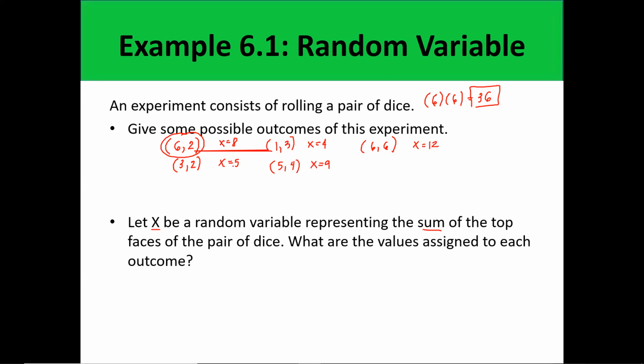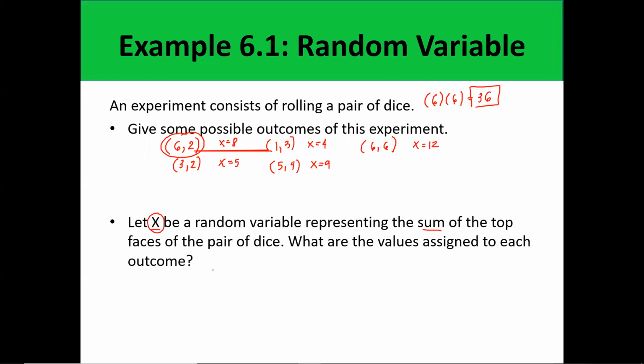So these are some of the possible values of x of the random variable. Now in this particular experiment, the lowest possible sum is 2, and the highest possible sum is 12.